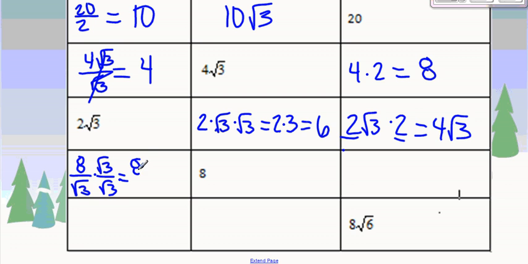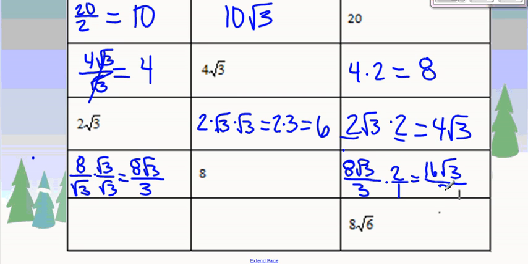We're going to get 8 square root of 3 over 3, which can't simplify any further, so we're going to leave it like that. Okay, and then we're going to multiply that by 2. When you're multiplying by 2, it's like multiplying by 2 over 1, so you multiply the top by 2 and you get 16 square root of 3 over 3. And that would be where we would leave it.